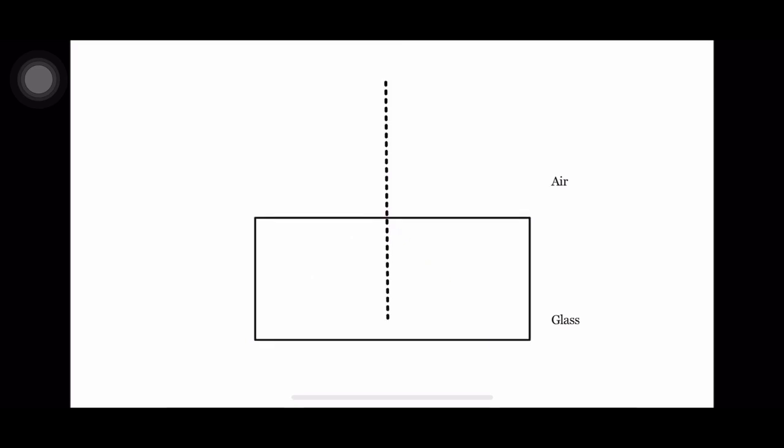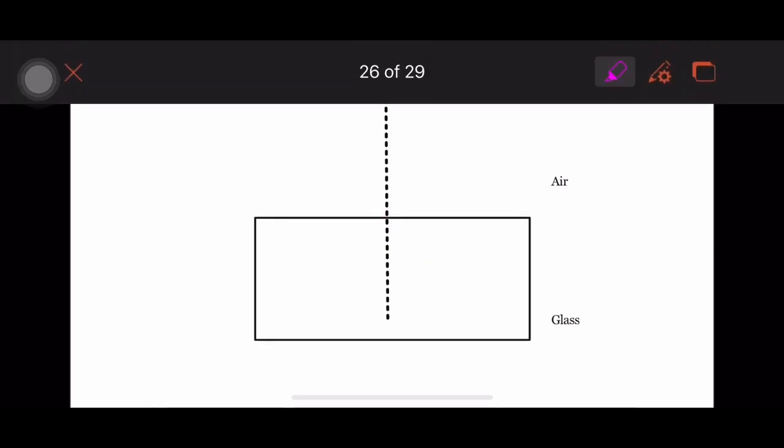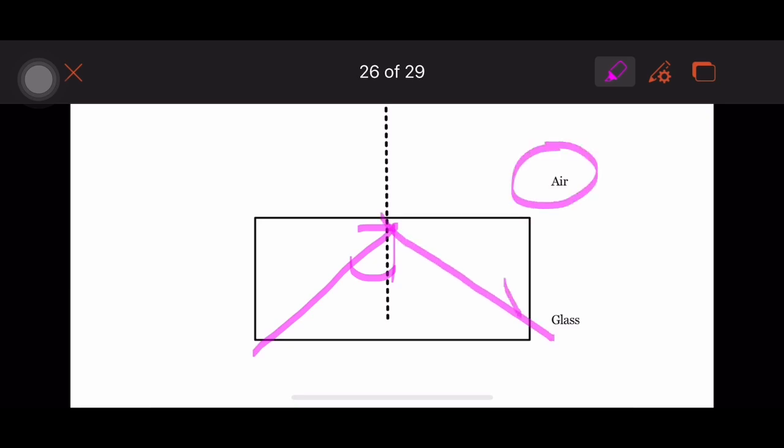The same will happen if we have, let's say, an angle of 50 degrees. Instead of refracting outside into the air, it will be totally internally reflected, and it will follow the laws of reflection, which is angle of incidence is equal to angle of reflection. So this is 50 degrees, and this should also be 50 degrees.